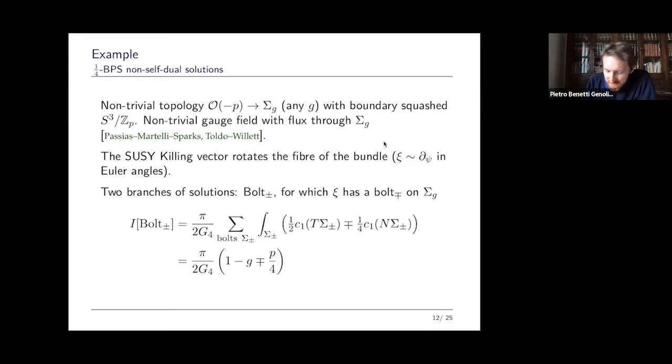And in this case, I already know what the normal bundle is. The normal bundle is literally O(-p). So I can compute the on-shell action without any knowledge of the metric. It's literally the Euler character plus or minus p.